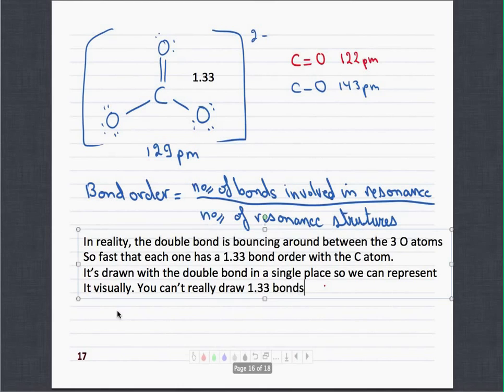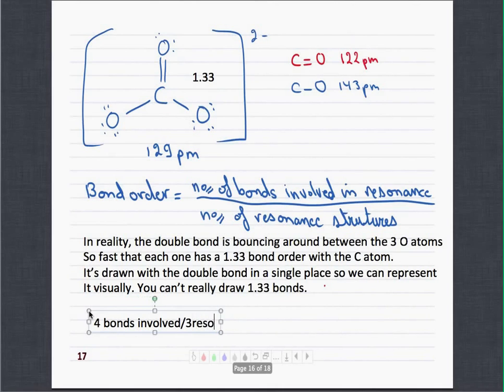So the bond order equals the 4 bonds that are involved in the resonance over the number of resonance structures, which is 3. So the bond order for this resonance structure is 4 over 3. It's not 1, it's not 2, it's not 3, it's something in between, which is 4 over 3.